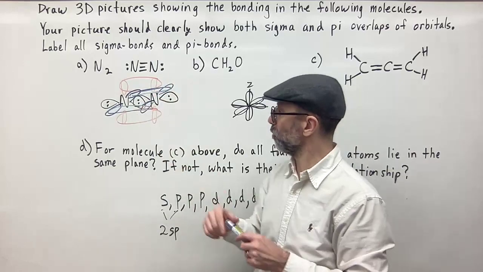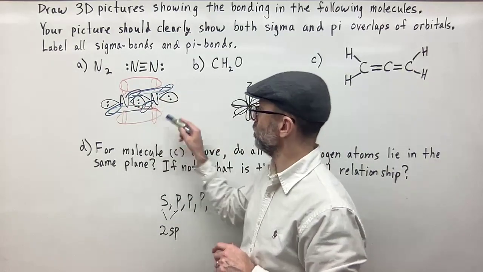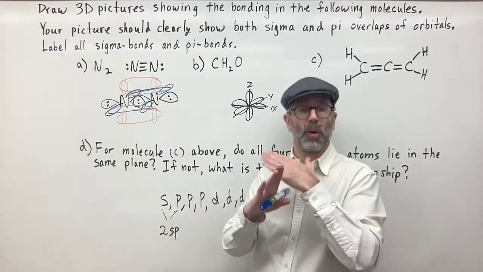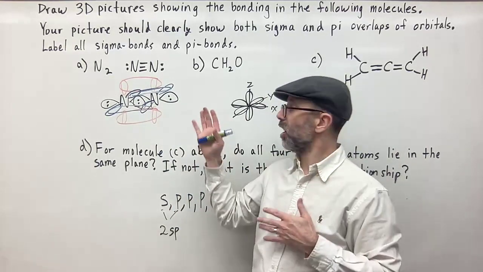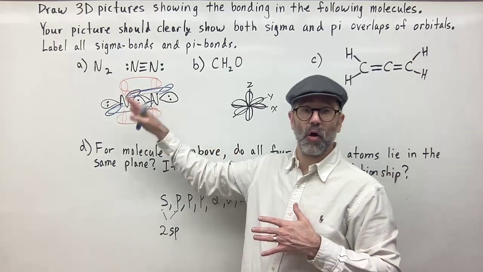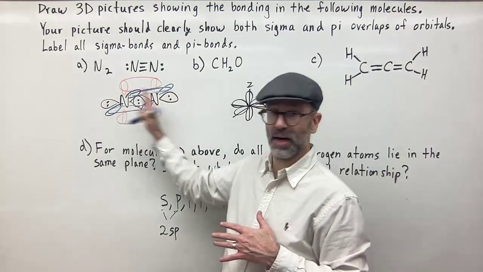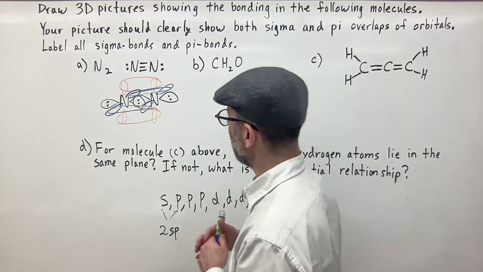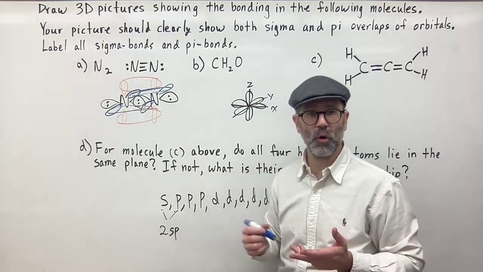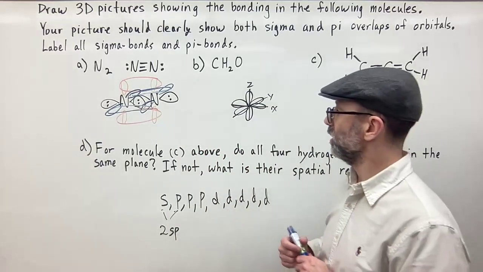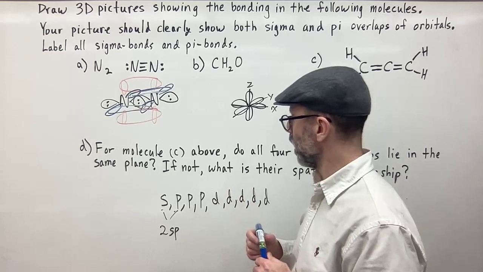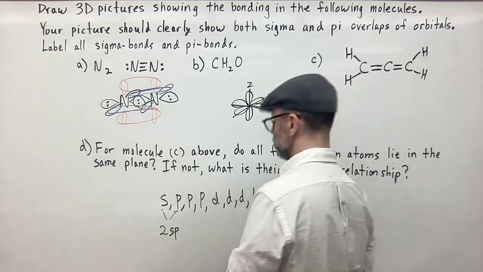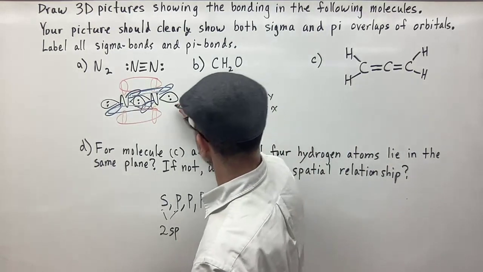This is coming out of the board. And so these are going to be perpendicular to each other because why? The p orbitals are perpendicular to each other, and we have unhybridized p orbitals that are overlapping with each other on each side, each atom, right? So that is how you would draw your three-dimensional picture of this molecule.